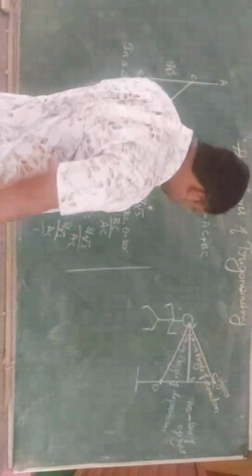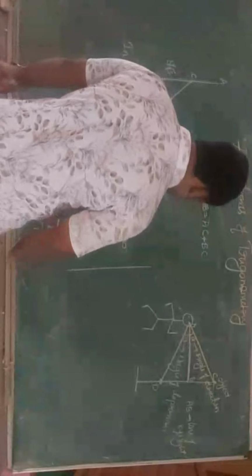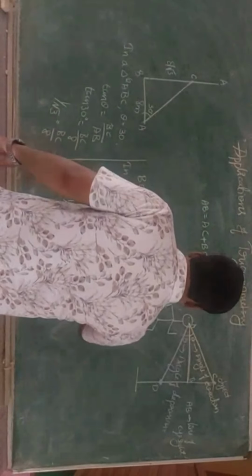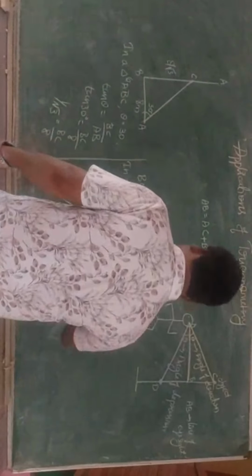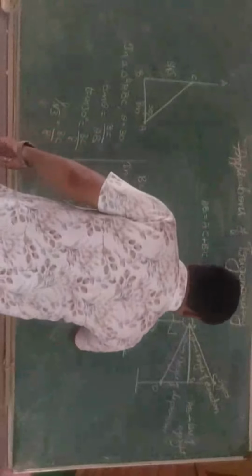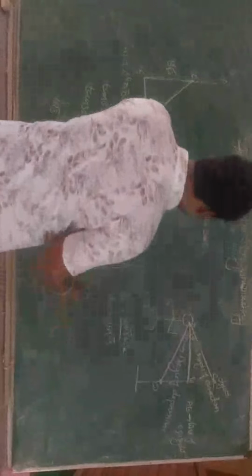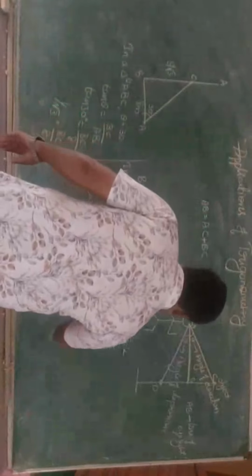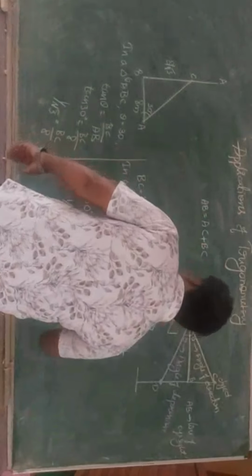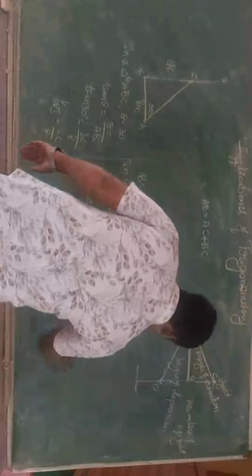So this AC multiplies to 8, AC upon 1. Otherwise, you can take this side. This becomes AC is equal to 8 upon root 3 into 2. So AC is equal to 16 upon root 3, and BC is 8 upon root 3. So total height of the tree is AB equal to AC plus BC, which is 16 upon root 3 plus 8 upon root 3.